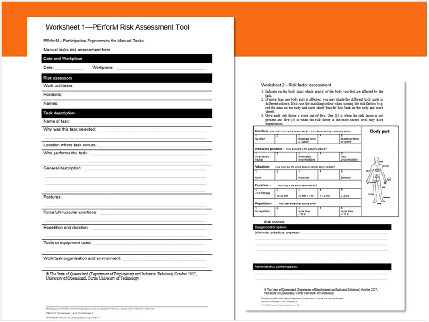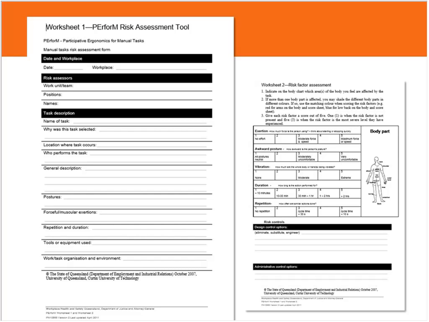With appropriate training, workers should have a good idea of how to identify and assess the risk factors using this worksheet. But at the end of the day, the beauty of this is that you are having workers talking to supervisors and other people about their problem manual tasks, and they're proactively trying to improve them and come up with solutions. So Perform provides you with the framework to do this.